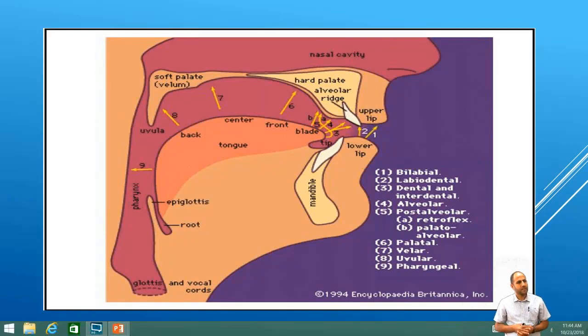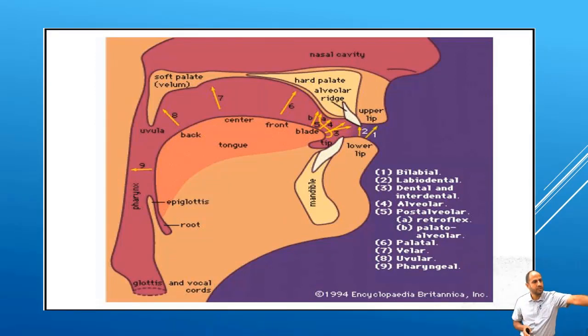This is the summary of the speech organs. We have the 9 regions, the 9 places of articulation for producing the consonants. In region 1, we have bilabial consonants, as we talked about previously.